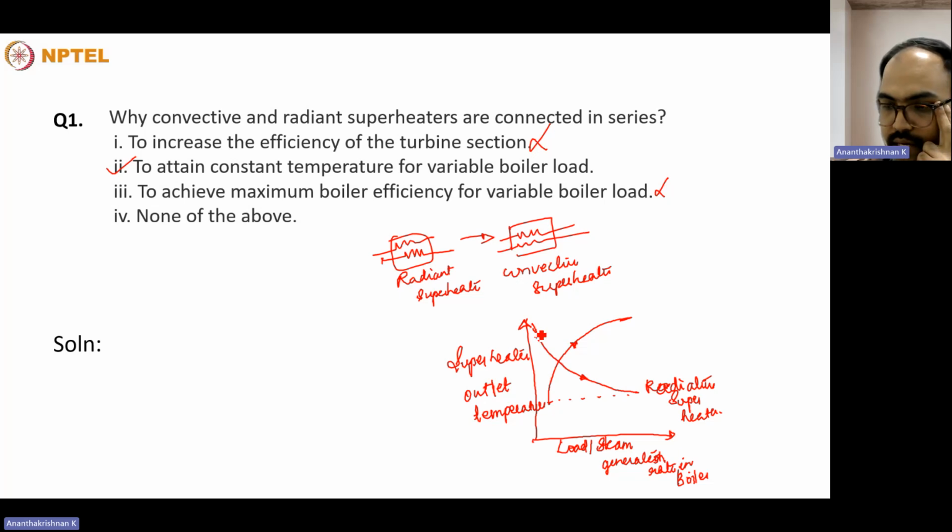The radiative superheater operates better at lower steam load, while the convective superheater operates better at a higher load. So when we use a convective and radiant superheater in series, we can get a stable superheater outlet temperature in all cases of the steam generated. So the answer is option 2.